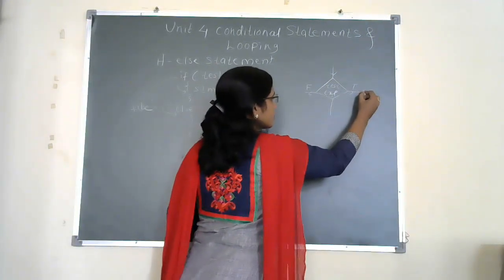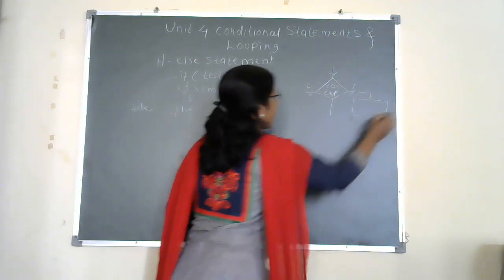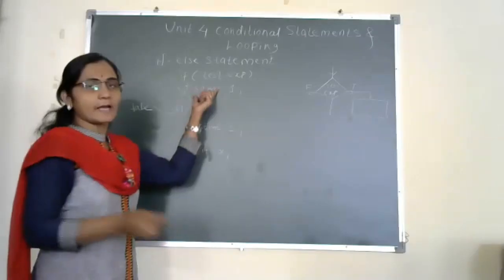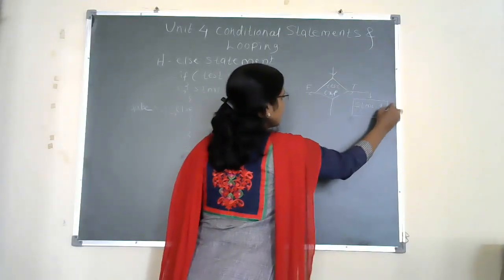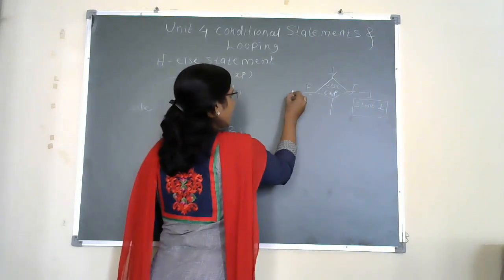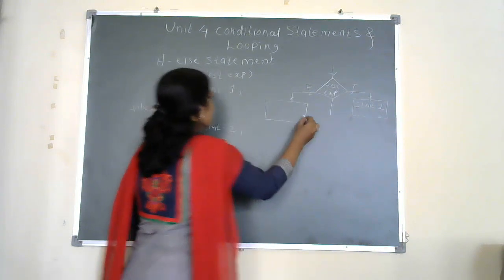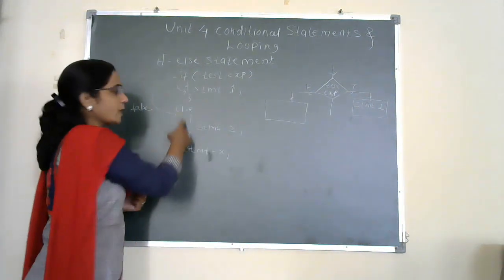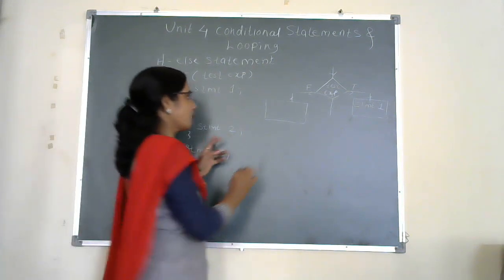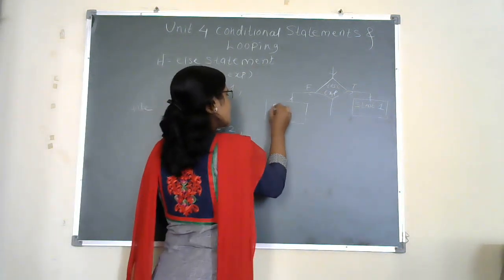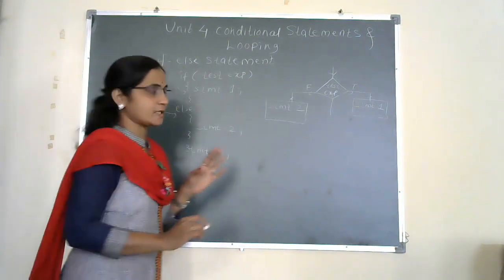If it becomes true, then it evaluates the true block, or according to our syntax, the statement one block. If the condition becomes false, then control directly jumps to the else part, which means the statement 2 block will be evaluated. In other words, this is the false block.